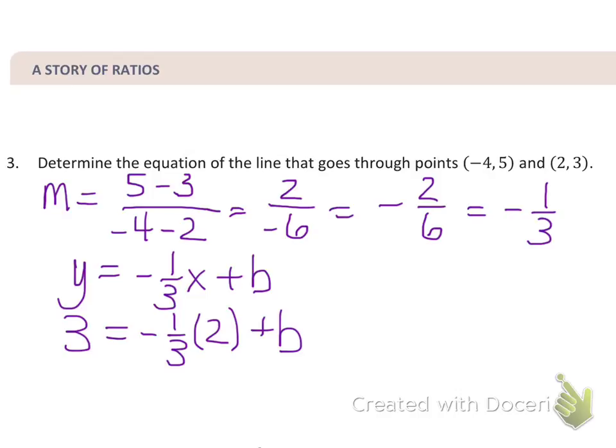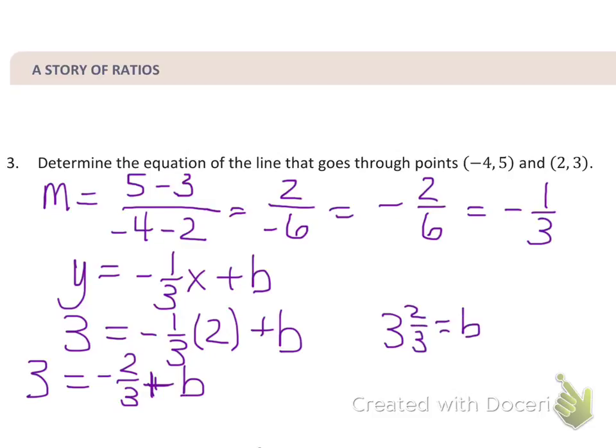So we've got 3 is equal to negative 2/3 plus b. And I want to get that 2/3 over there, so I'm going to add it. So I get 3 and 2/3 is equal to b. Remember I said I wanted it as an improper fraction, so this would be 11/3 is equal to b.